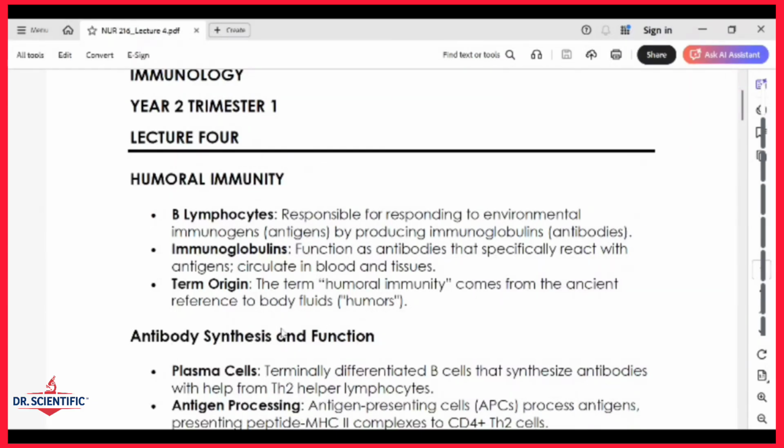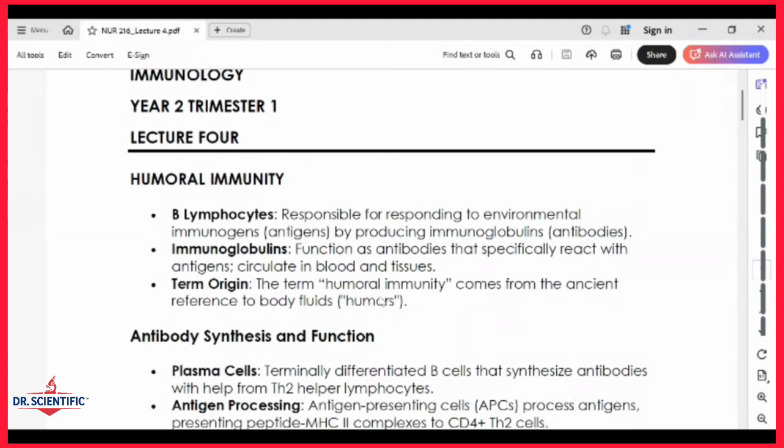And CD4s are further subdivided into Th1, Th2, Tregs, and Th17. Each subpopulation has its own unique role. They perform their roles by secreting specific cytokines that lead to either pro-inflammation or anti-inflammation, or actually assisting B cells in their role.